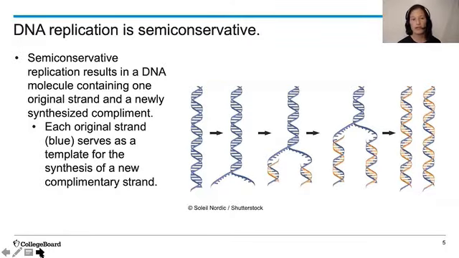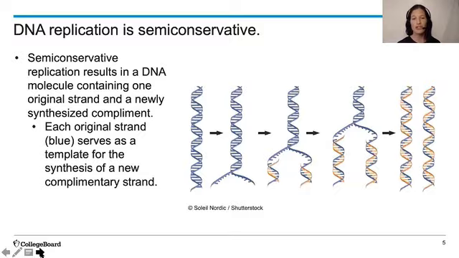So there's a word that we use when we're talking about DNA replication. We say that it is semi-conservative. What this means is that when we have a double-stranded molecule of DNA and we make a new copy, each of those original strands is going to serve as a template for the new strand. So our new or complementary strand is going to be pairing with one of those original strands.